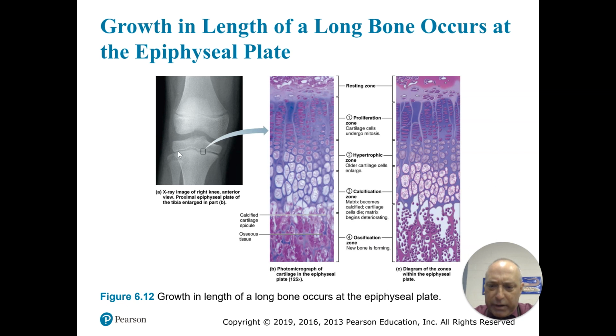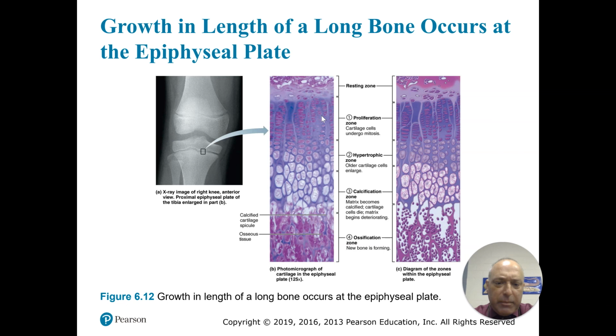Here we've got an X-ray showing an epiphyseal plate. And we've got the resting zone, the proliferative zone, hypertrophic zone, calcification zone, and ossification zone. And this is how growth is going to occur in these long bones.